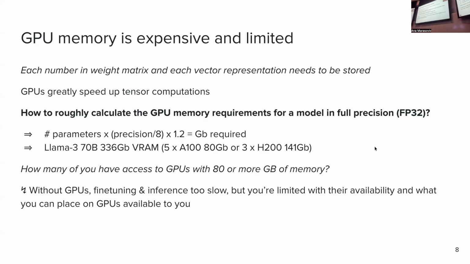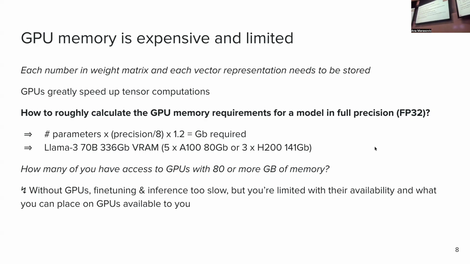So you want GPUs because generally you can produce everything you are producing with transformers much faster and produce generations much faster. But to place your model on a GPU, you need a lot of GPU memory. And GPU memory is bounded.